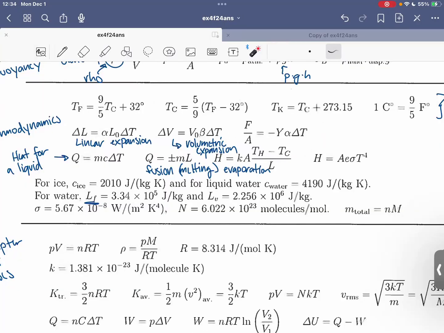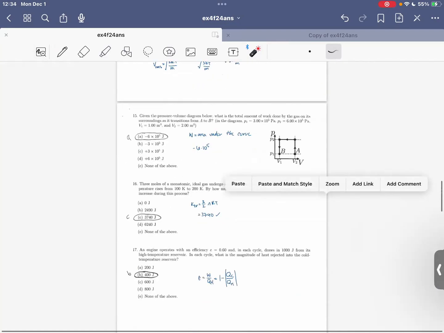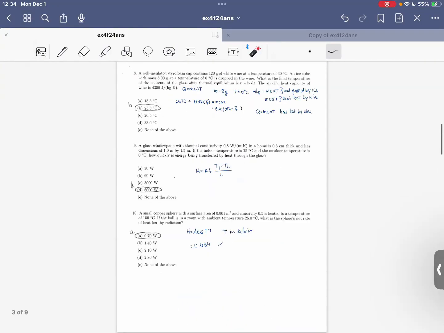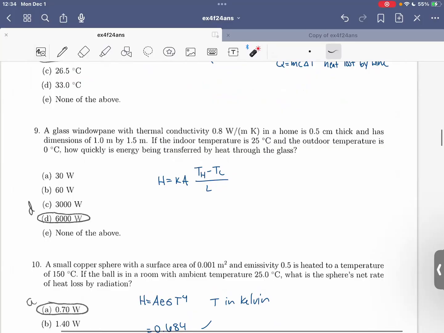If you have, it's in this question. Let's see, I think this will be a little bit more clear. So it tells you the energy transferred by heat through the glass, like how quickly it's transferred.